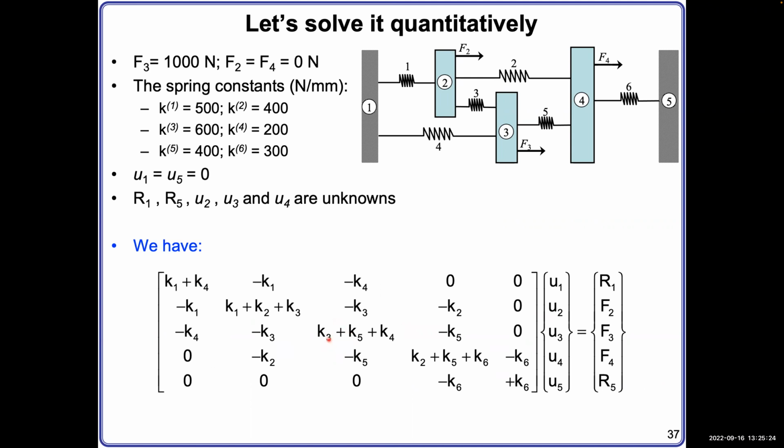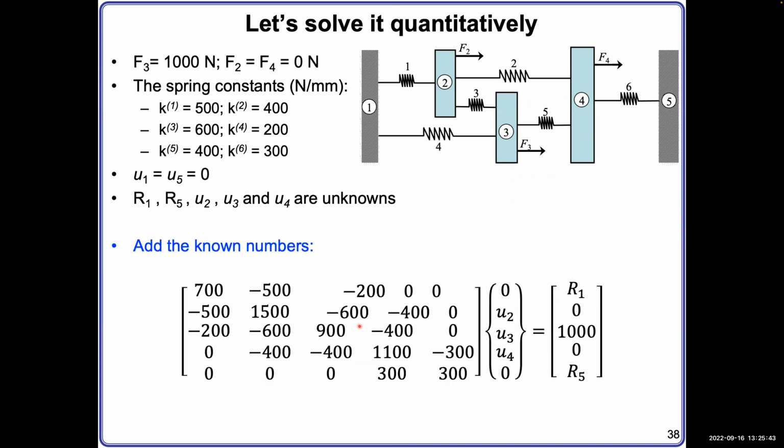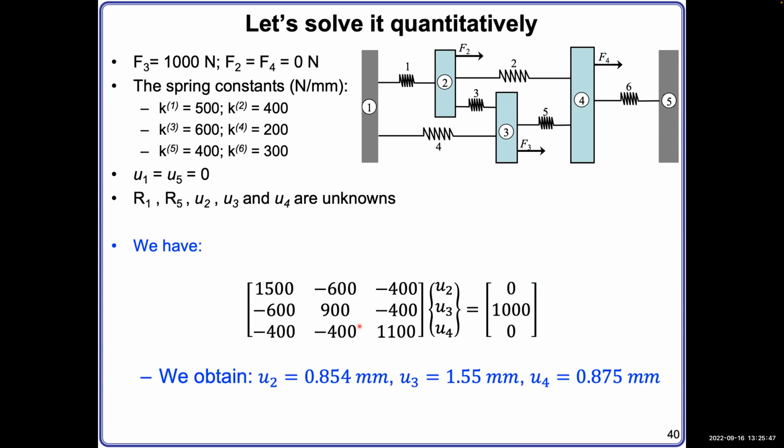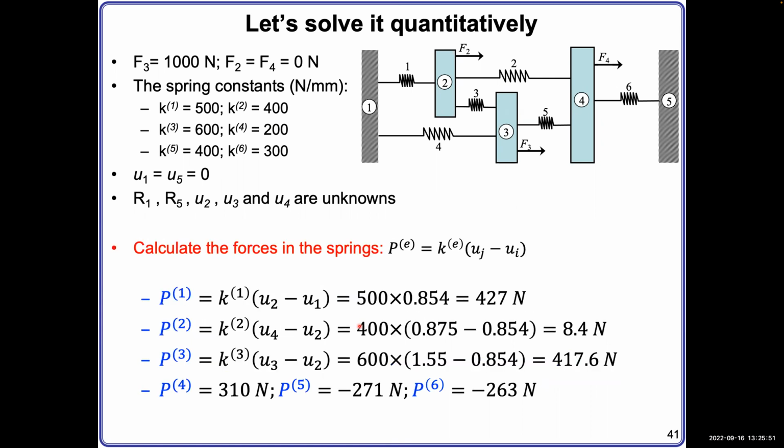K3, K4. Okay, maybe you are right. It's 1200. Yeah, this middle one is 1200. We should change that. Very good.